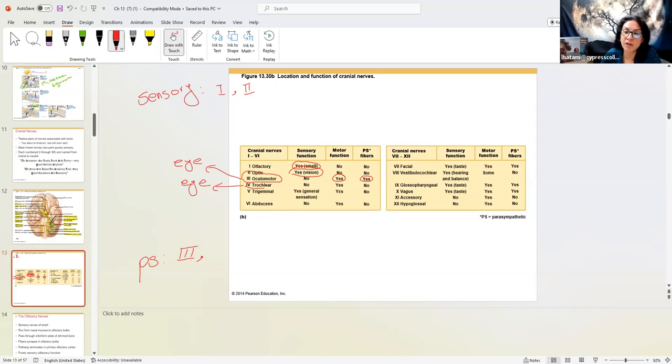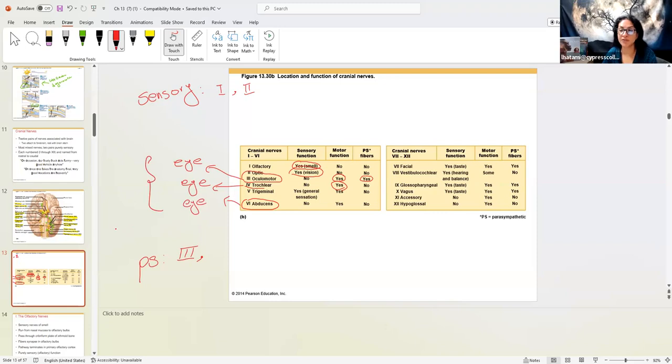This is only a motor nerve because it passes the signals from the brain to the muscles around the eye for controlling the eye movement. Before going over cranial nerve number 5, or the trigeminal nerve, I'm going to introduce you to the abducens nerve, cranial nerve number 6, which is also related to the eye movement.